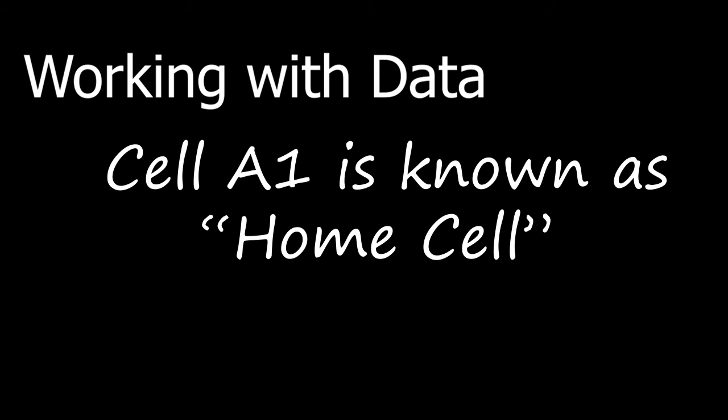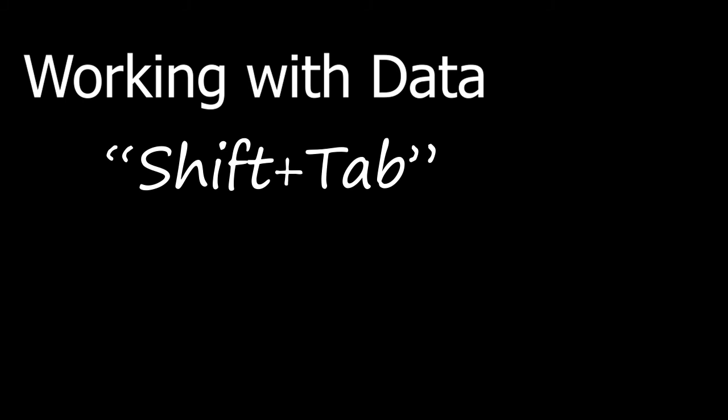That A1 cell is the home cell. The Tab key is used to move the cell pointer towards the right or forward direction. Shift+Tab moves the selected cell or cursor to the left, or backward, from right to left.